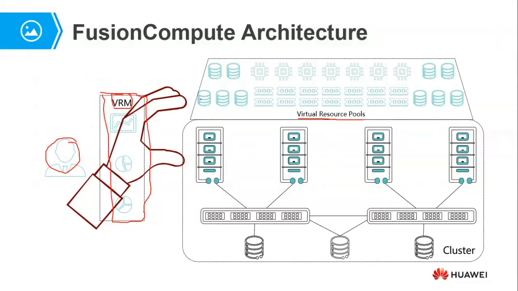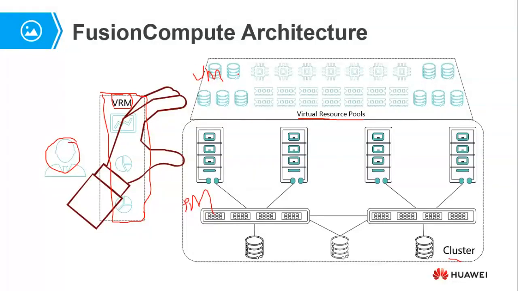And this is the VM section, while this is the physical machine section. In the physical machine, you have all the clusters of resources in the data center or in the server. So basically this is how it works.